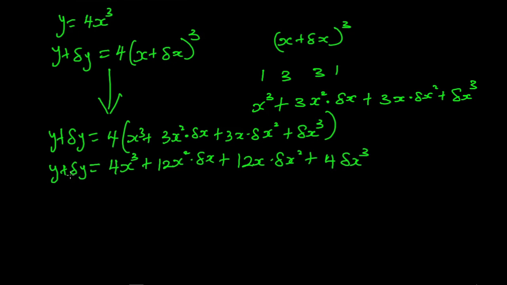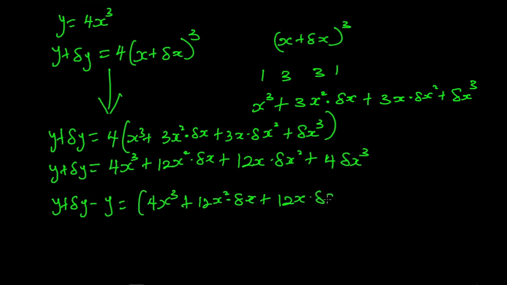Now subtracting y and its corresponding value from the other side, we have y plus delta y minus y equal to 4x cube plus 12x squared delta x plus 12x delta x squared plus 4 delta x cube, then minus the value of y, which is 4x cube.